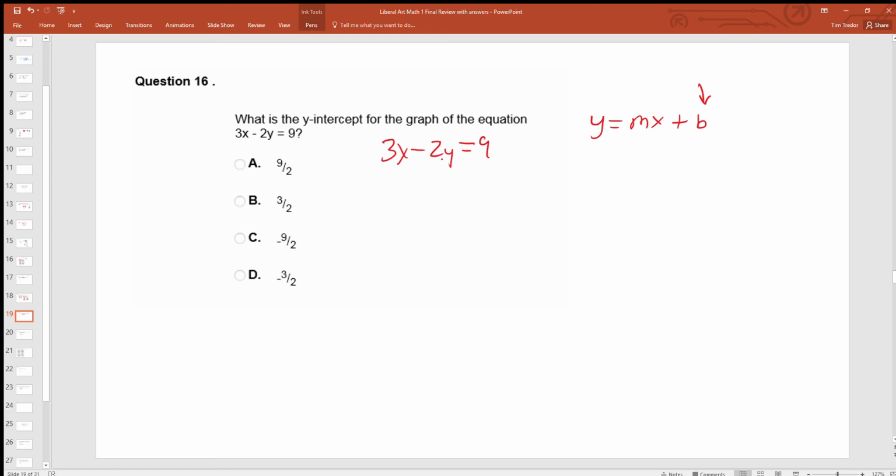To get this into y equals mx plus b, I'm going to subtract the 3x from both sides. Bring down this minus 2y, don't forget the minus. And then to get the y by itself, I'm going to divide everything by negative 2. So this is my y-intercept.